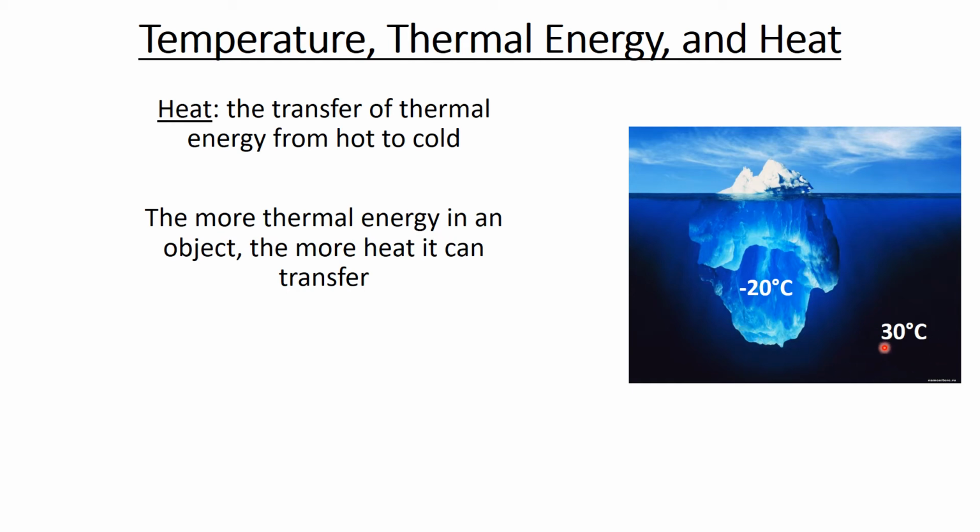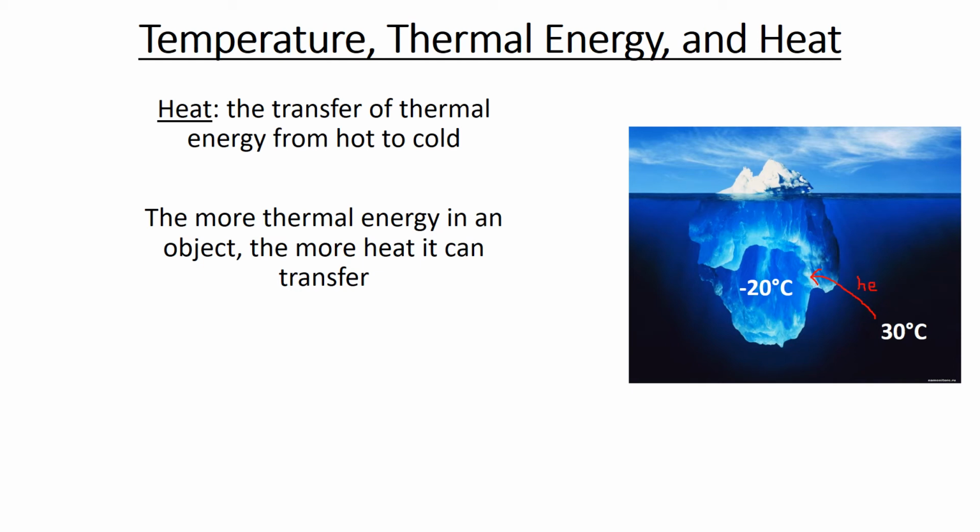If the ocean is at 30 degrees Celsius and the iceberg is at negative 20 degrees Celsius, then what's going to happen is the hot water, or the water that is at a higher temperature than the iceberg, is going to transfer its thermal energy to the iceberg. And this is what we call a transfer of heat.